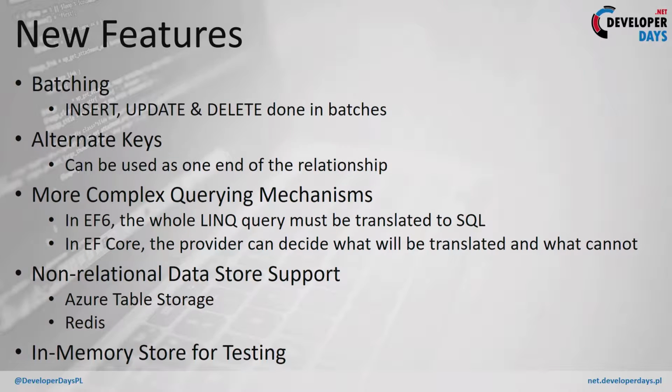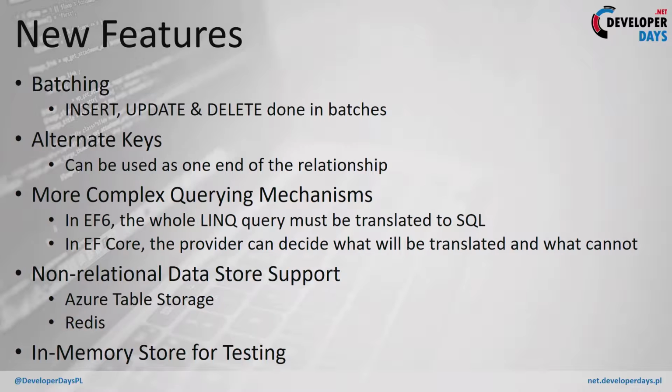And if you want to create a relationship to user, you can choose if the end of the relationship is ID or username. It wasn't possible in EF6. You could only create a relationship which ends on the primary key. So now you have an alternate key, and if you mark some column as an alternate key, it can be the end of the relationship.